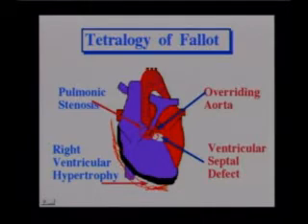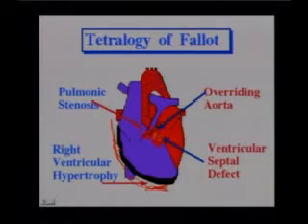Now there's also a ventricular septal defect. So there's a hole in the ventricular septum between the right and left ventricles. This allows blood to go between the 2 ventricles. And to make matters worse, the aorta is on top of this septal defect.